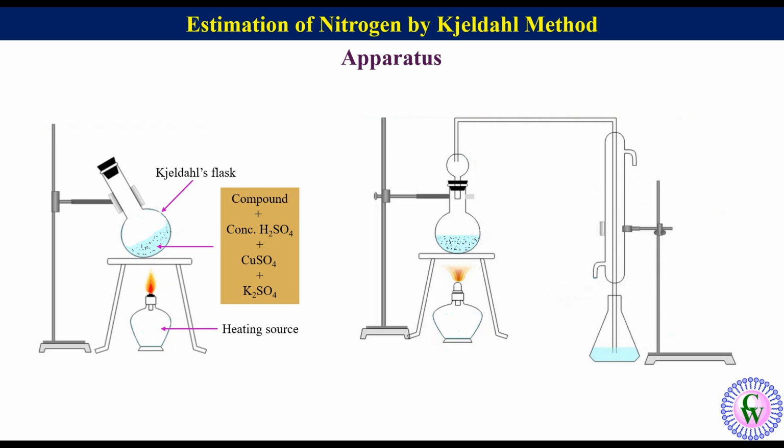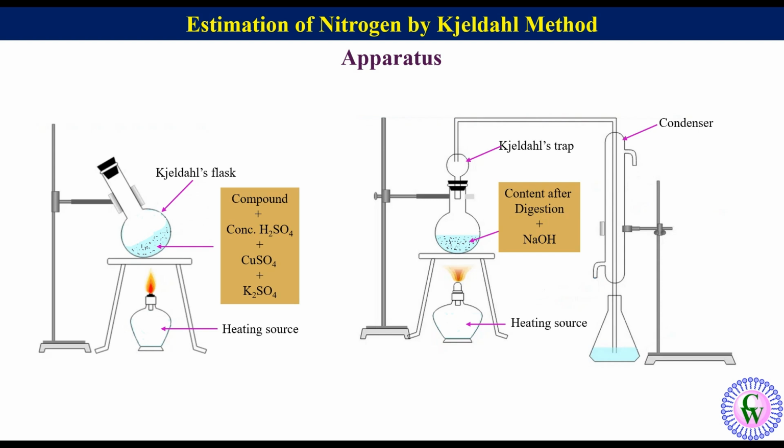The process of heating sample with conc H2SO4, copper sulfate and K2SO4 is called digestion. To the flask containing digested sample is added sodium hydroxide. For heating this flask, there is heating source. The mouth of flask is connected to Kjeldahl trap, which is connected to water condenser. The ammonia liberated is absorbed in known volume of standard acid.